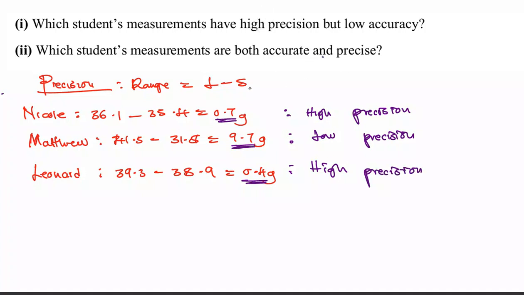So now let's make a conclusion according to the question that we have been asked. Which student's measurement has high precision but low accuracy?